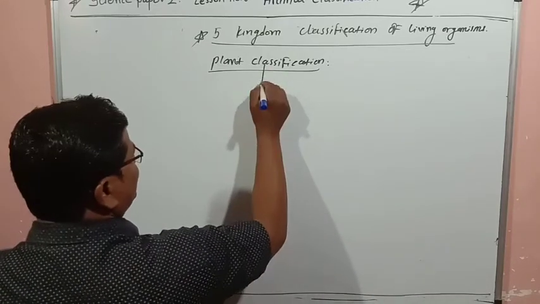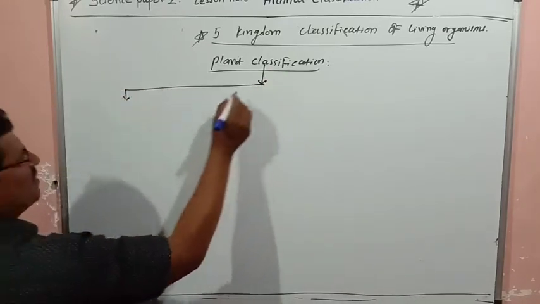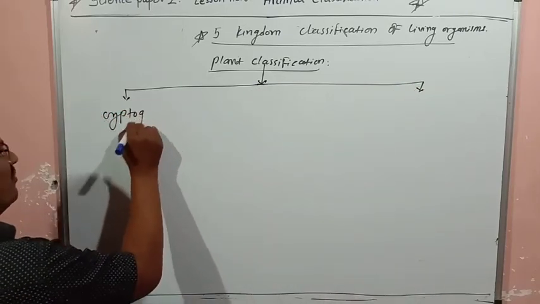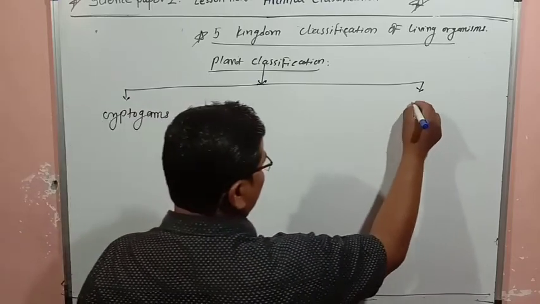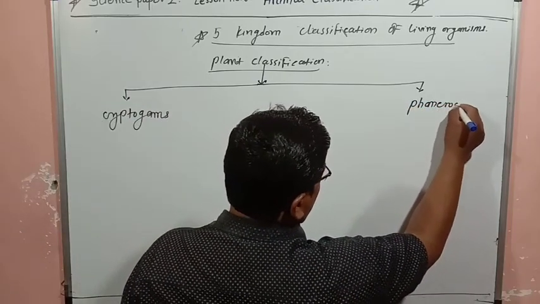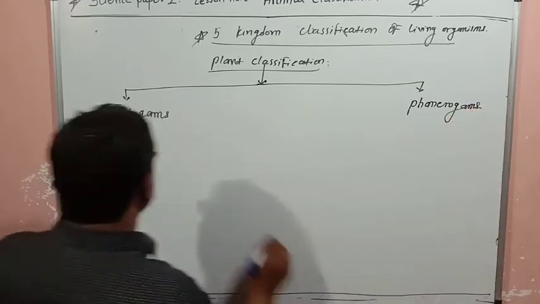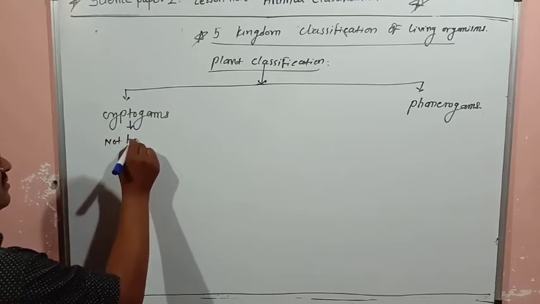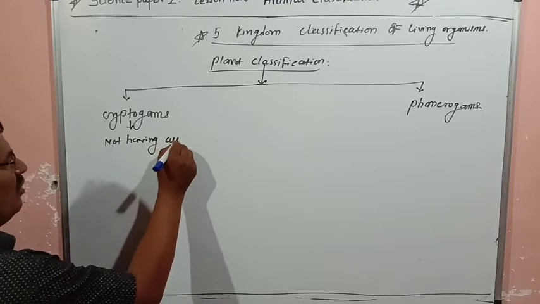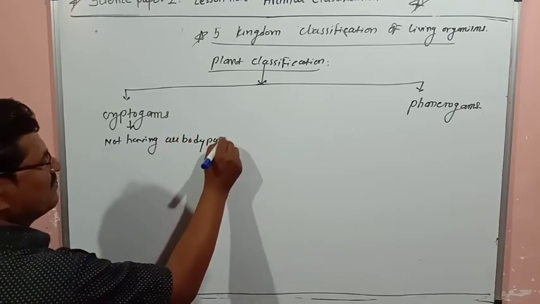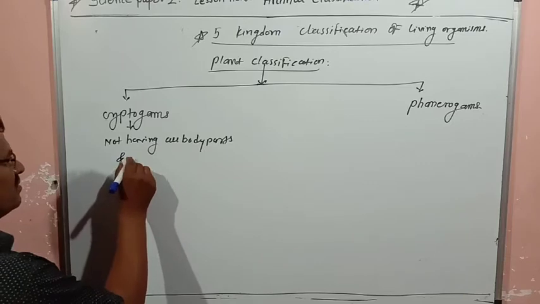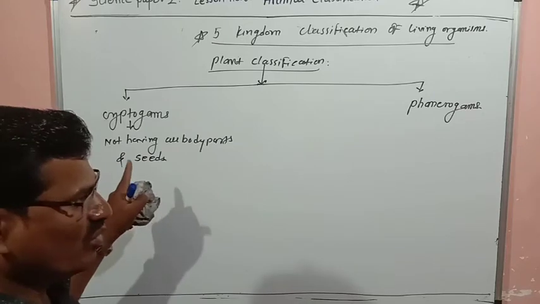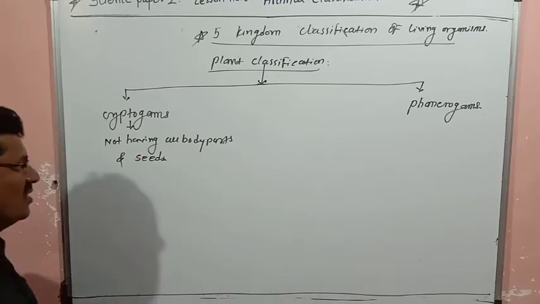Cryptogams are not having all body parts, they are not having seeds, and they are not having flowers.